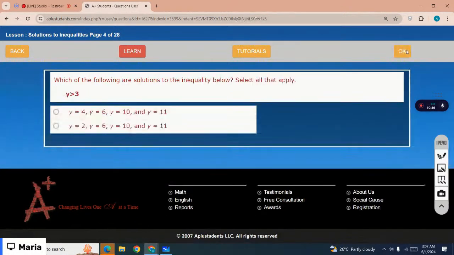Okay, the next one is y is greater than 3. Which is the solution? Y equals 4, 6, 10, and 11, or the second one, y equals 2, 6, 10, and 11. So which is the correct option?